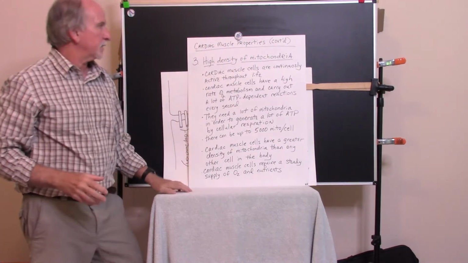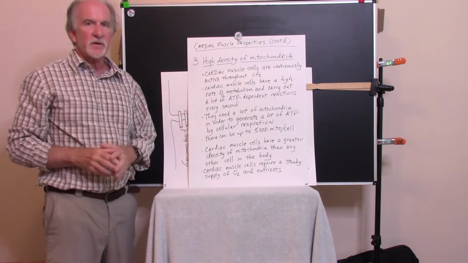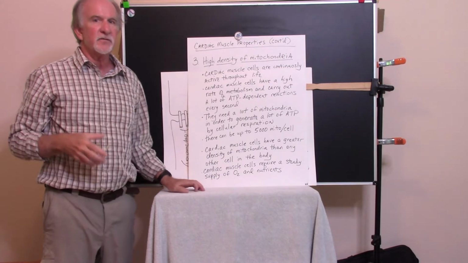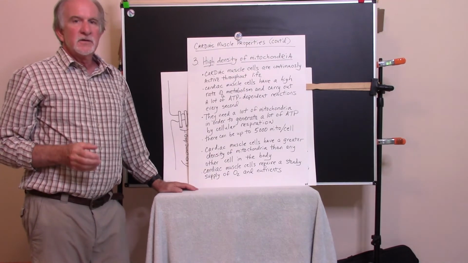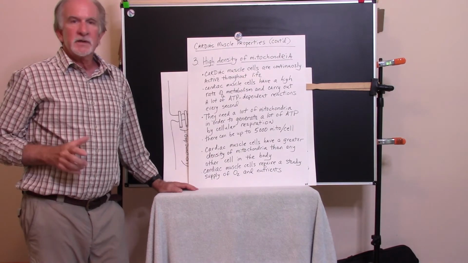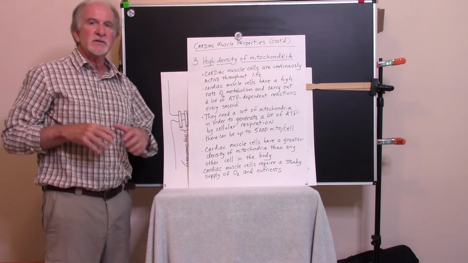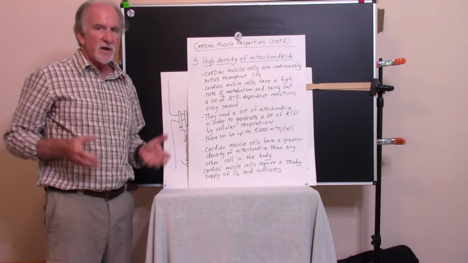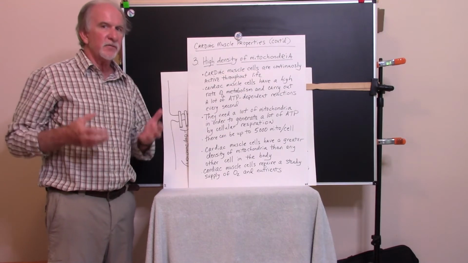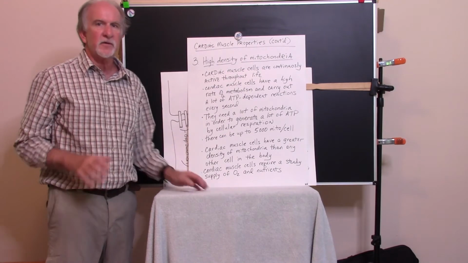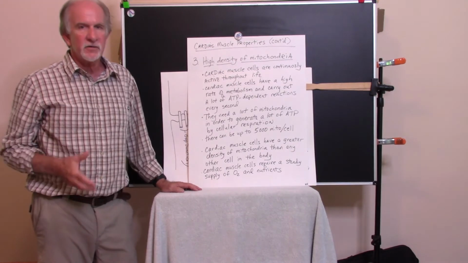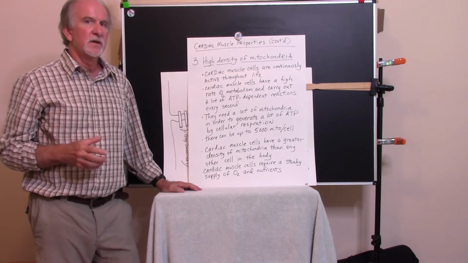Another cardiac muscle property is the presence of large numbers of mitochondria. So a cardiac muscle cell would contain thousands of mitochondria because cardiac muscle cells are very, very active. Every second of every day throughout your entire life, cardiac muscle cells can't ever rest. The heart can't ever stop beating for a little while.